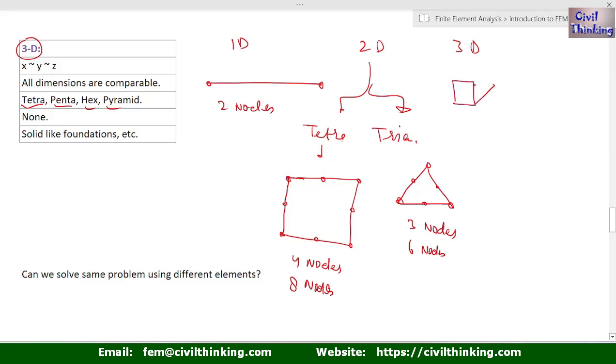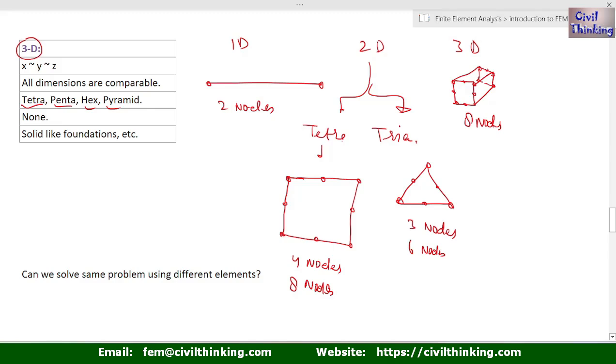Now when you expand it in the 3rd dimension, this becomes a hexa. So how many nodes are here? 1, 2, 3, 4, 5, 6, 7 and 8. 8 nodes. Similarly we can increase the number of nodes at the middle of each edge.